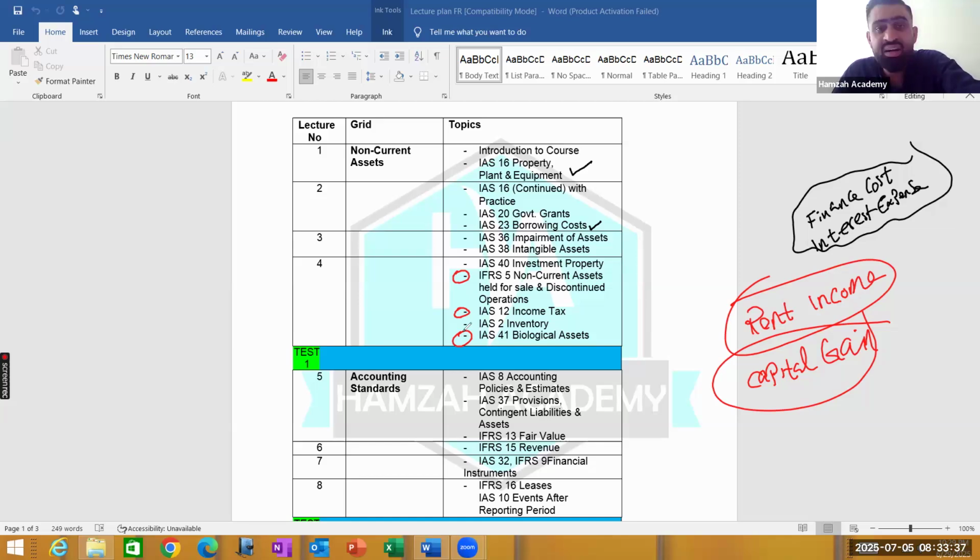If you have dairy farming, then the cows and buffaloes are biological assets. So if you are conducting any business activity which involves biological assets, living things like plants and animals, to account for those biological assets, we will learn IAS 41, that is, how we should account for the biological asset in the financial statement. For that purpose, we have IAS 41.